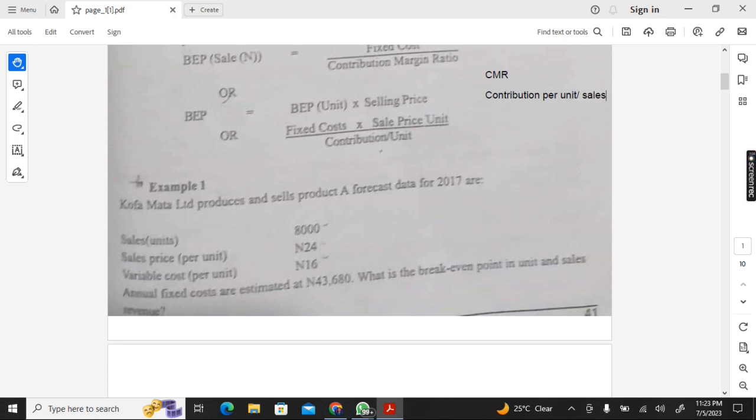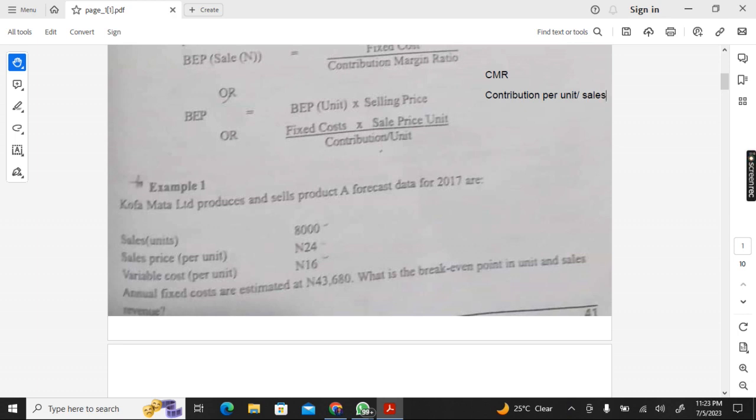So they said Metal Limited produces and sells product A. Forecast data for 2017 are: sales in units 8,000, sales price per unit 24, variable cost 16, and the annual fixed cost is estimated as 43,682.